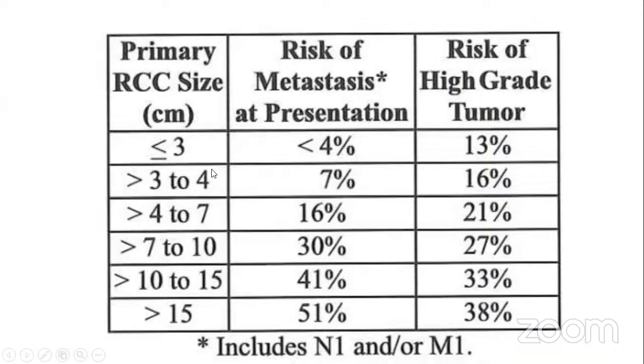If the size is more than 3 up to 4, the risk of metastasis at presentation is 7%. In the more than 4 to 7 group, it is 16%, and the risk of high grade is 21%. For 7 to 10, it is 13% at presentation and 27% risk of a high-grade tumor. For 10 to 15, it is 41%, and 33% for high grade.